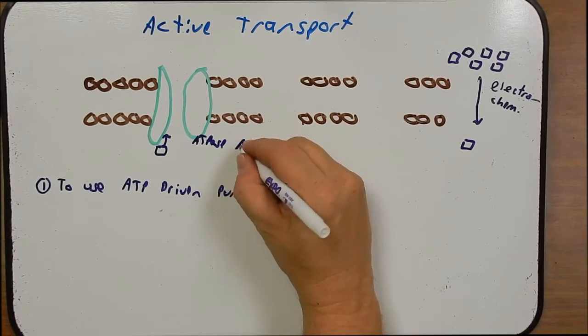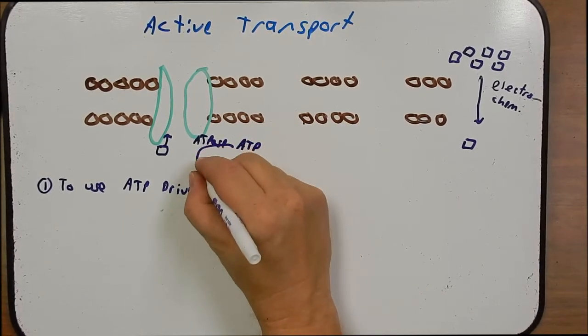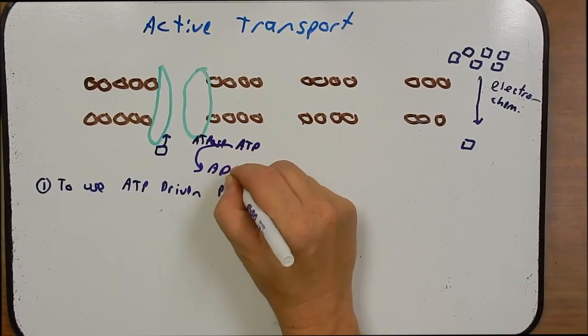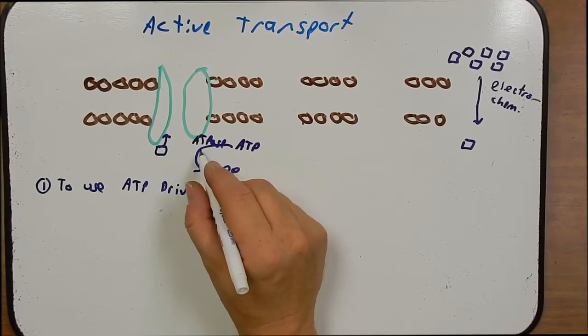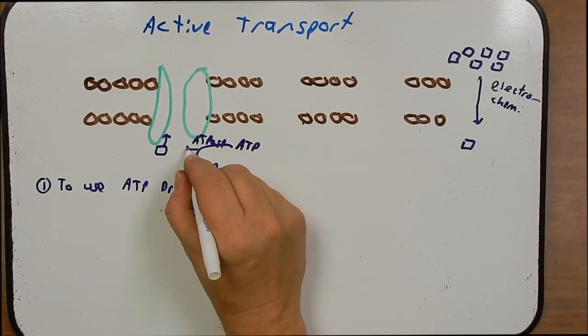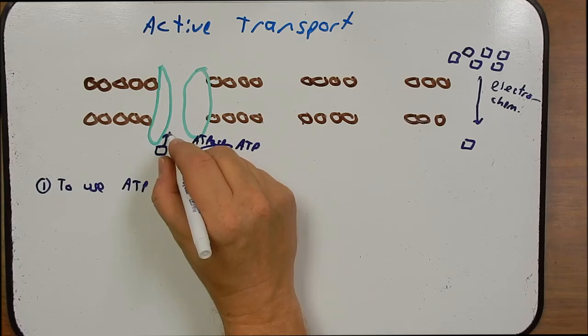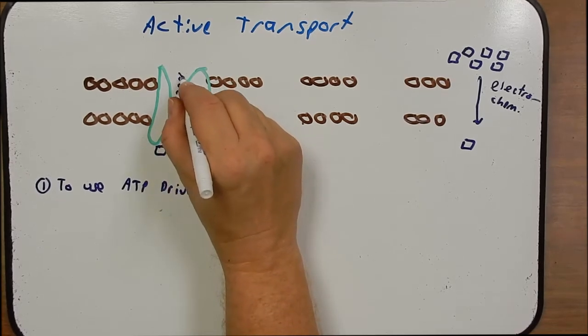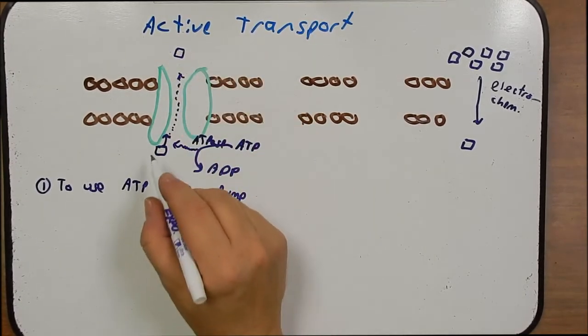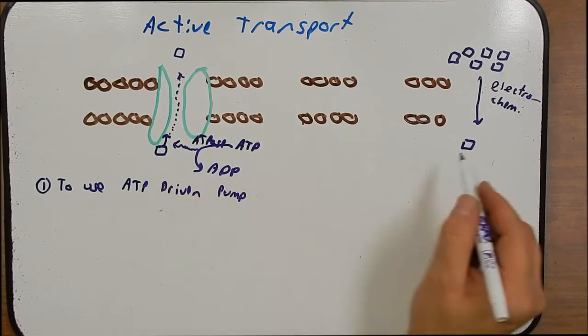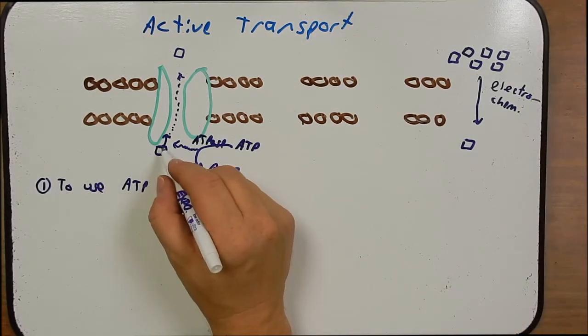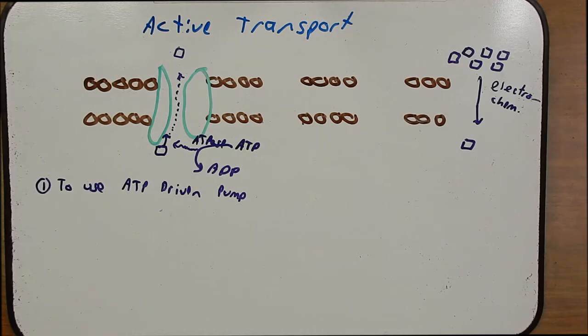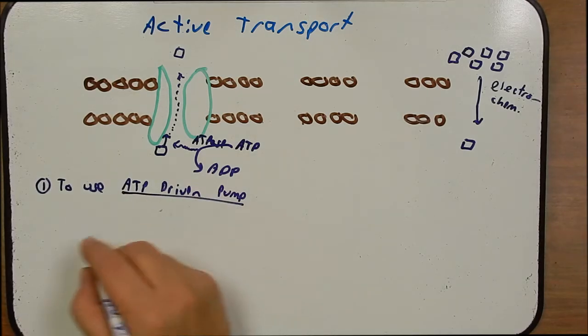But at any rate, it's taking ATP, hydrolyzing it to produce ADP. Breaking this high energy bond creates energy to allow the movement of this solute from a low concentration or a low electrochemical standing to this higher end of the gradient. So this is the ATP driven pump.